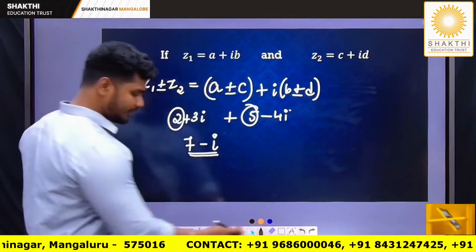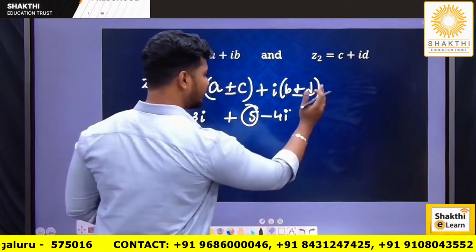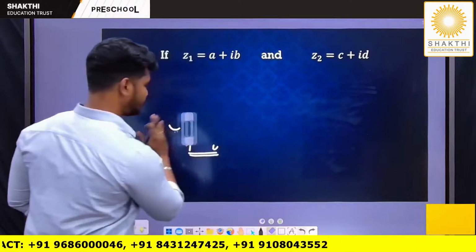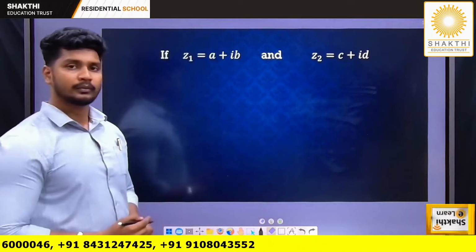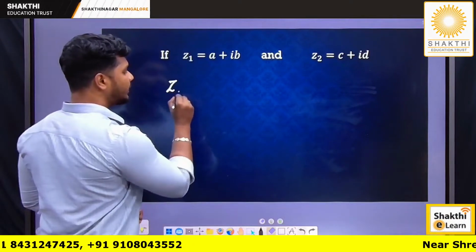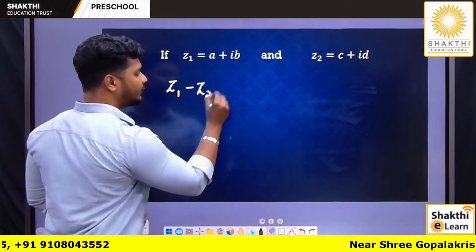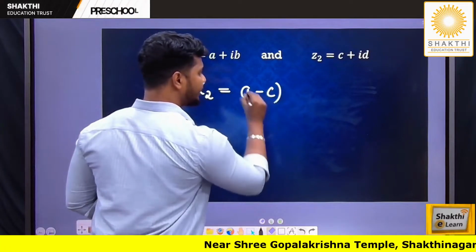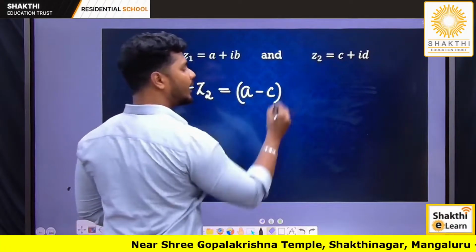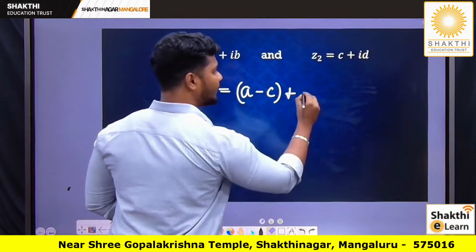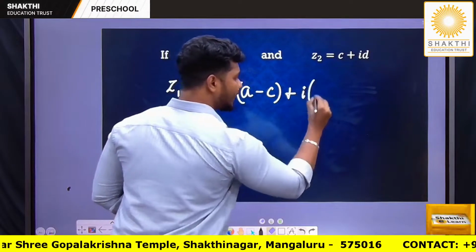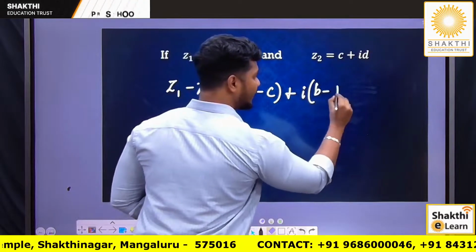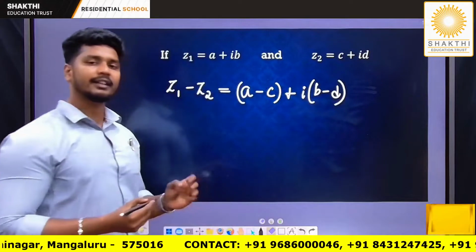If I have to write it separately for you, Z1 minus Z2 will be equal to a minus c, that is the real part subtracted with the real part, added with i multiply to this imaginary part minus the imaginary part, which will be b minus d. This is the subtraction what we are having.